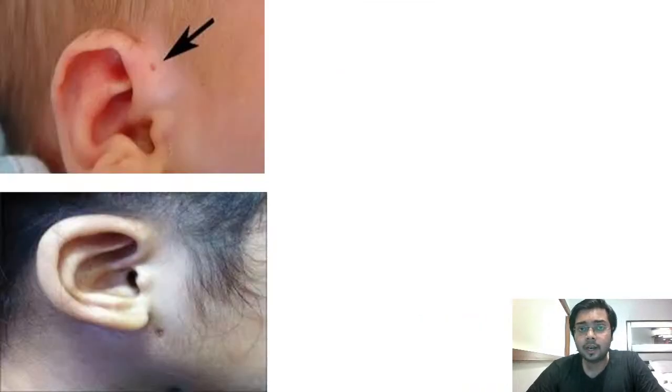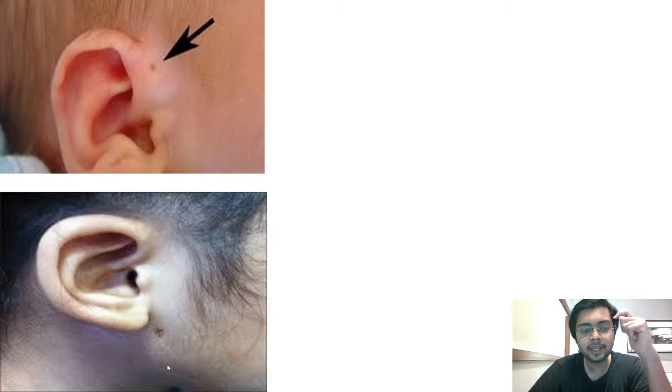Now this is another commonly asked question where a child will present to you with an opening above the tragus and at the crux of the helix. So the first figure that you can see here is, tell me in the comment, a preauricular sinus.